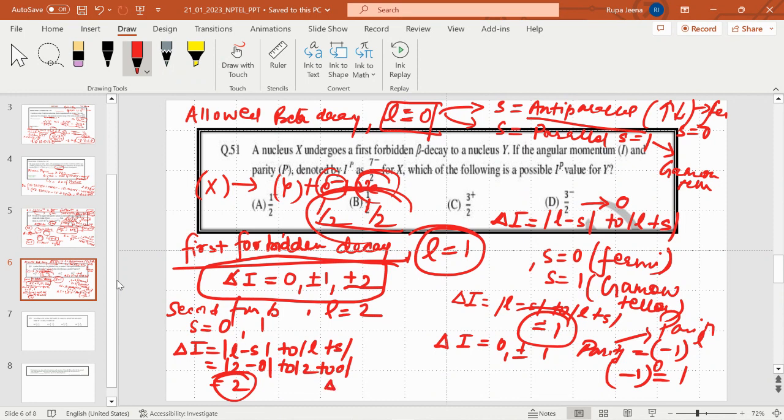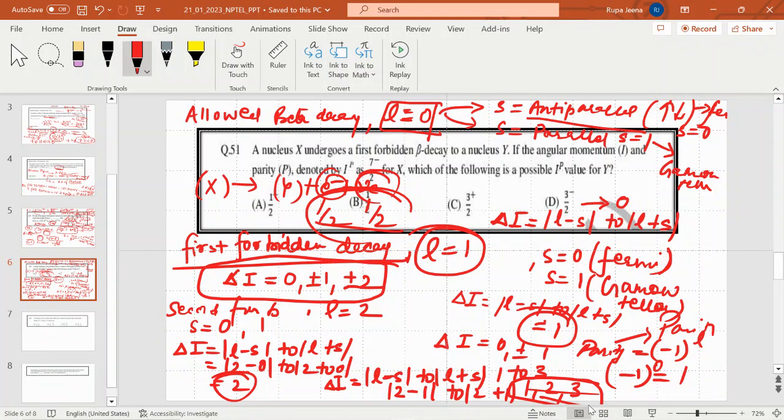Now take the other case when S is equal to 1. L is equal to 2, so minus 1 to 2 plus 1, so you have 1, 2, 3. That means 1, 2, 3. So these are the values.